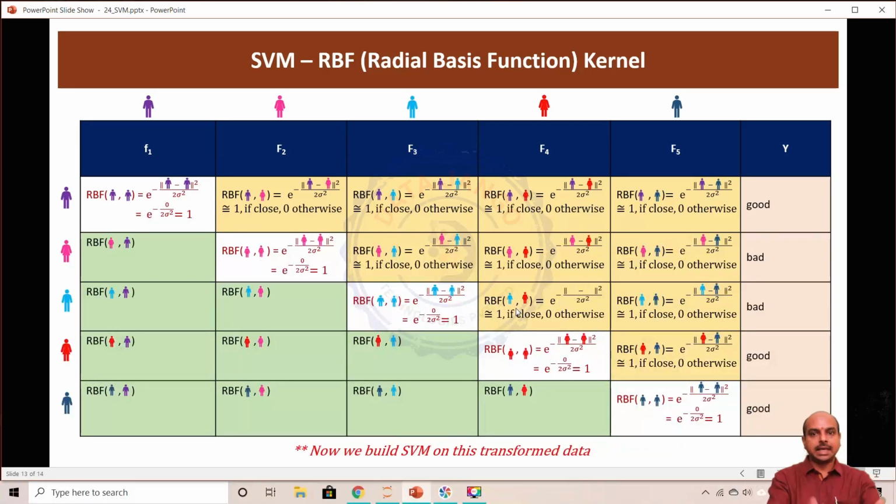Similarly, on each of these cells, you will get a number between 0 and 1. And the generated matrix is going to be a symmetric matrix. See, the upper triangular values and the lower triangular values are the same. The RBF value between the pink person and the violet person, and here also the pink person and violet person, the formula is going to be the same, right?